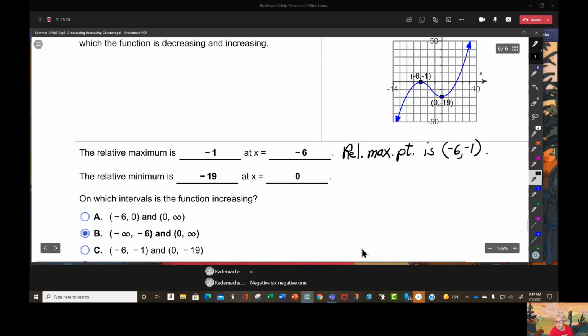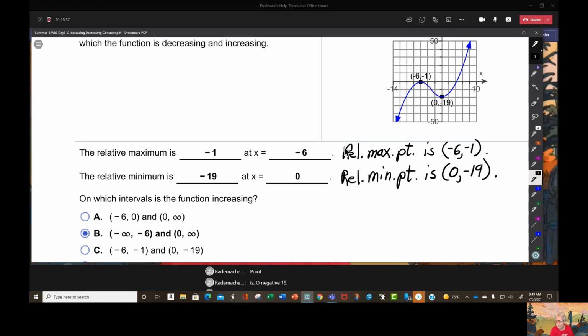The relative minimum point. Why did I do that? The relative minimum point is 0, -19.